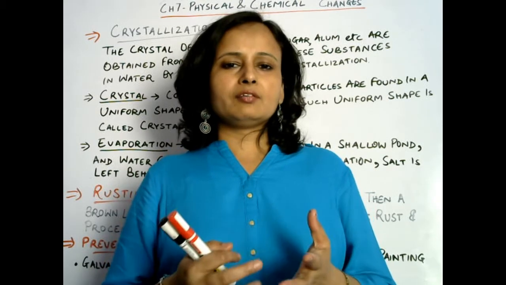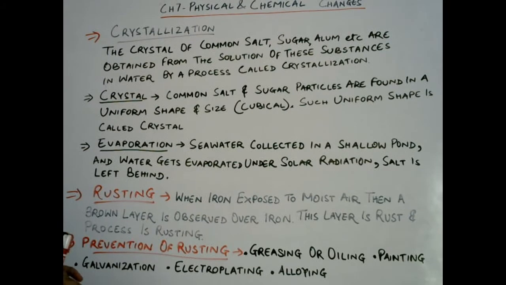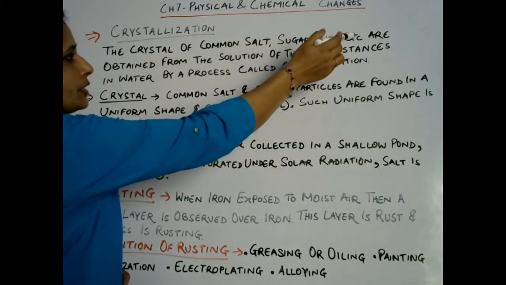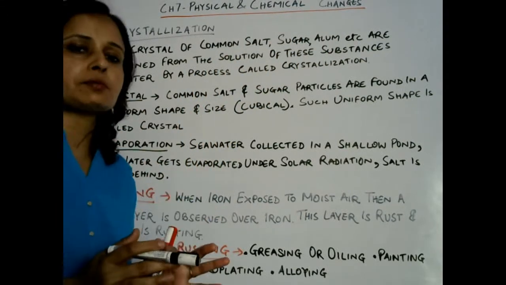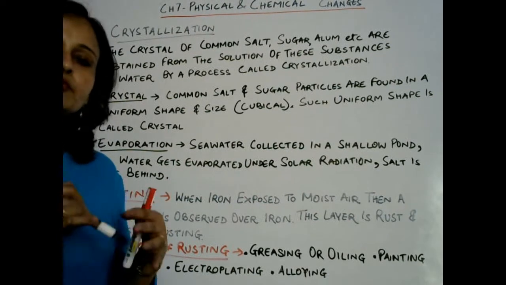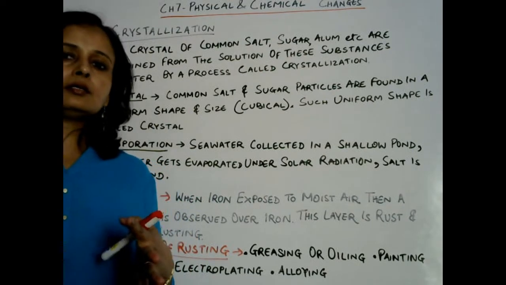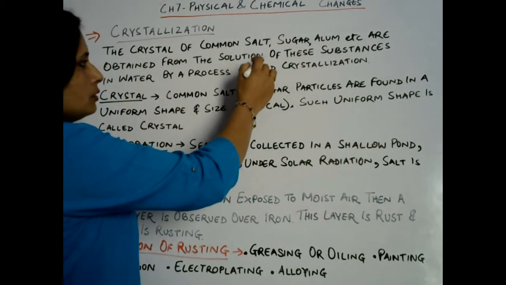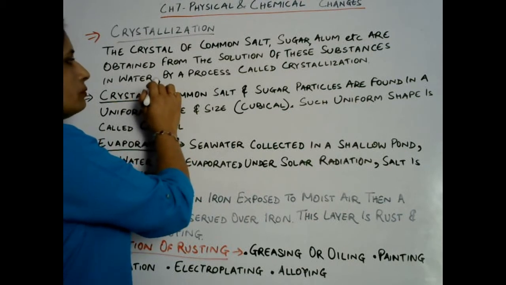So let us check what is crystallization and what is crystal. In crystallization, the crystals of common salt, sugar, alum, all these are obtained from the solution of these substances. In a solution, obviously, such substances are dissolved in water.